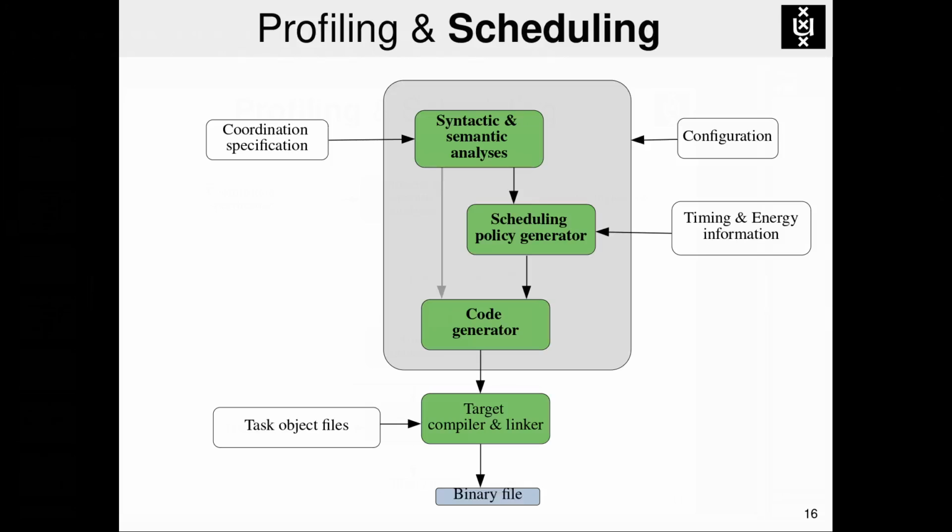Then after executing the profiling code, we can go back to our toolchain and execute it again, but this time taking the scheduling policy generator branch and using the timing and energy information that we gathered from the profiling code. And we can generate a second version that will be the final application.